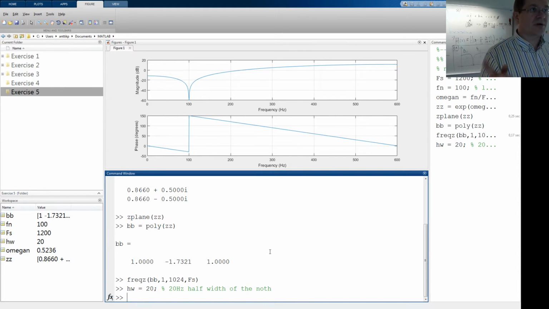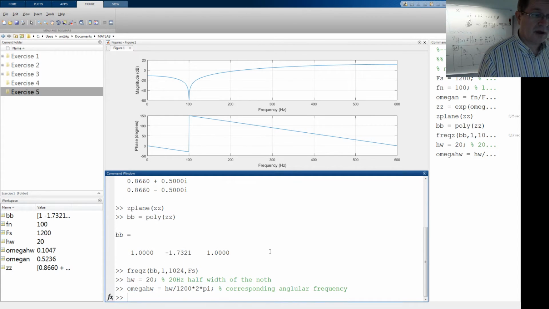So the corresponding angle is there. And that's the same as the distance of the pole to the unit circle.